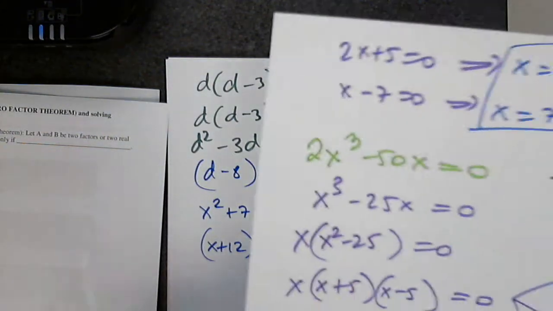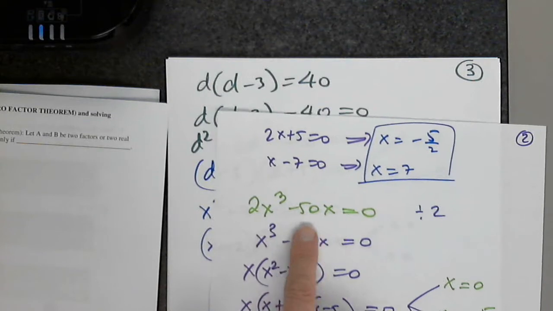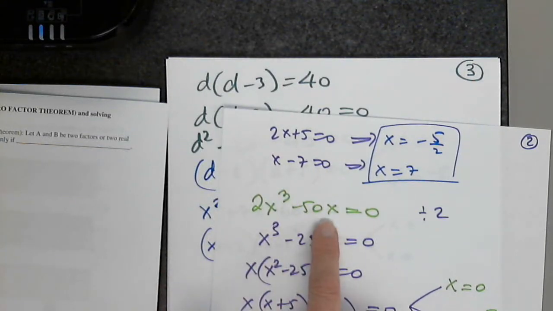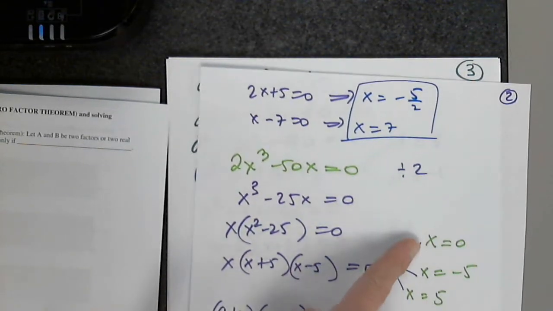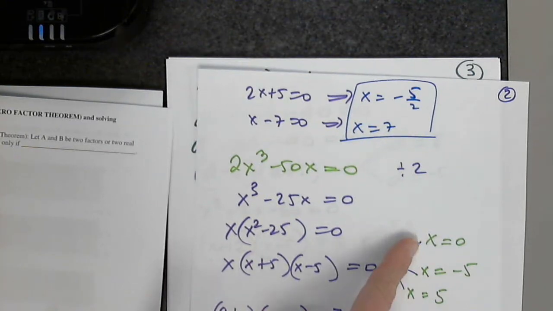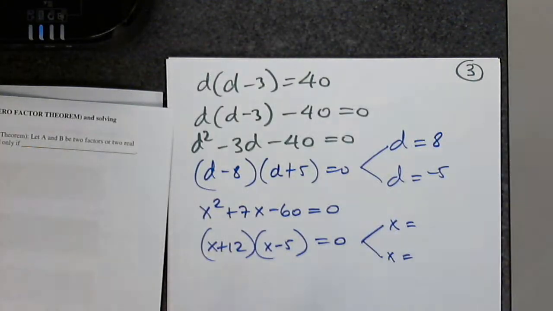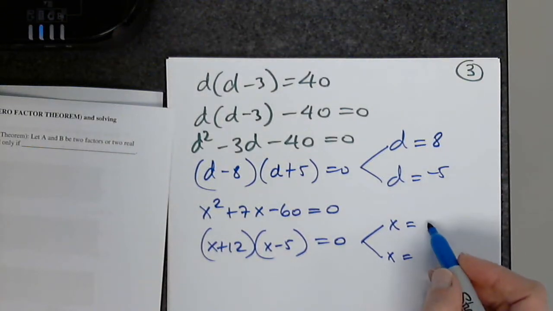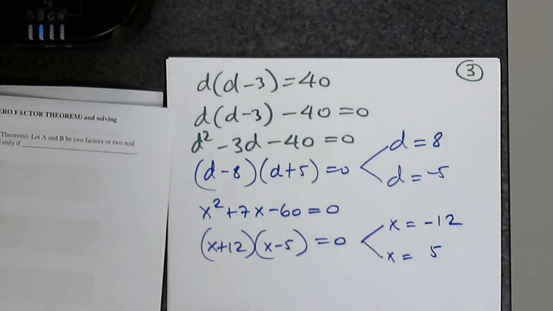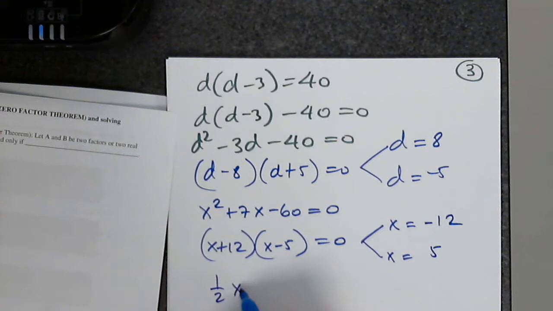This one was not quadratic, because of the degree of this polynomial, that's why we got not 2 solutions, but 3. Good, so then x equals? Negative 12. Very good.